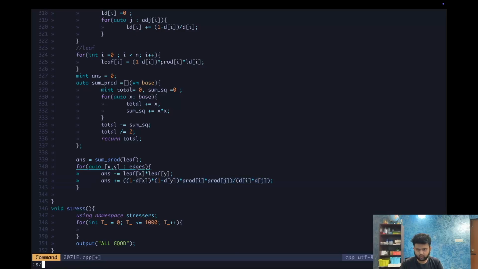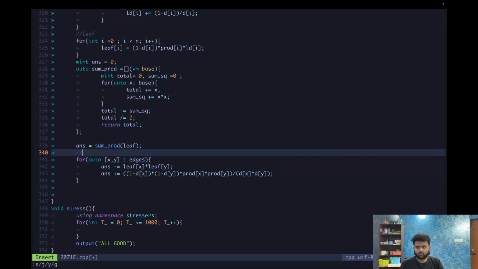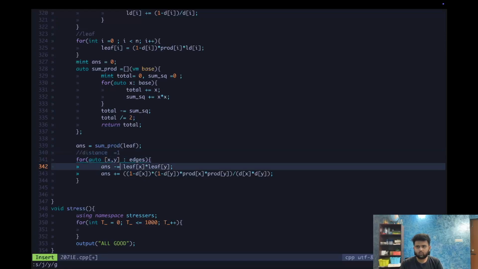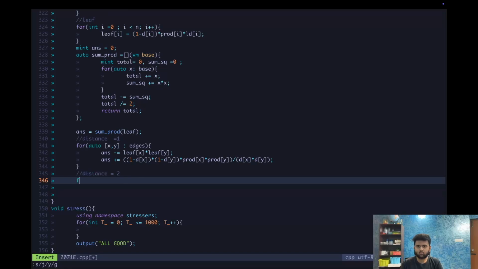Sorry, I used ij. So we have accounted for distance equals 1. Now for distance equals 2, we iterate over the k.